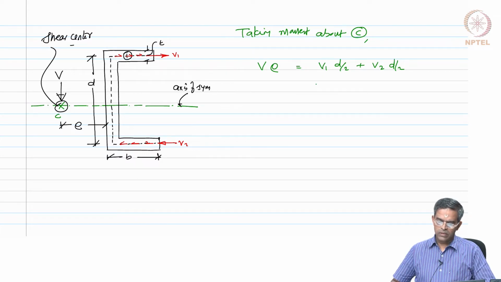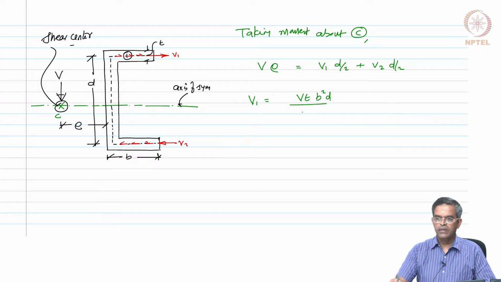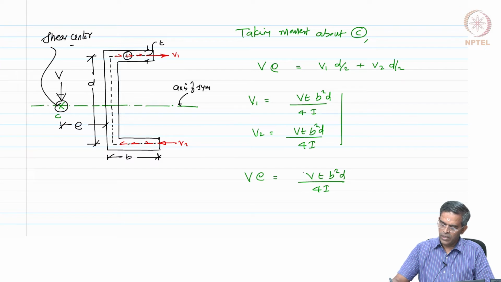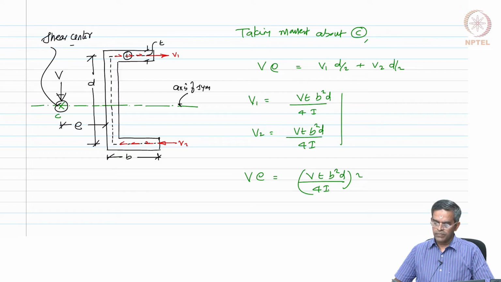So, now V1 is V t b square D by 4I. V2 is V t b square D by again 4I, they are same. So, now I can say V e is equal to V t b square D by 4I of 2, right.